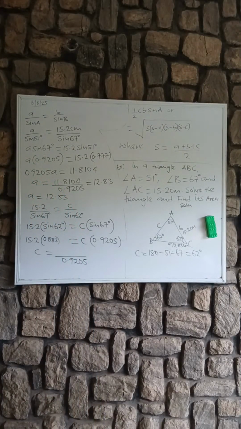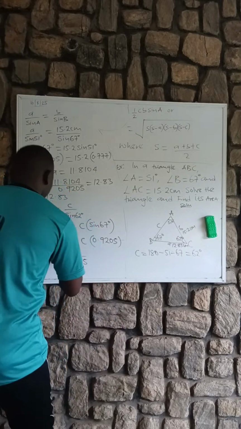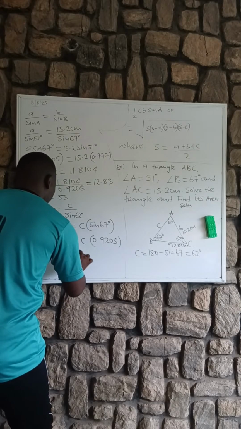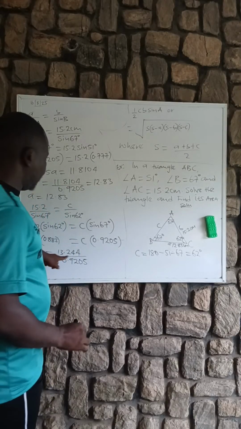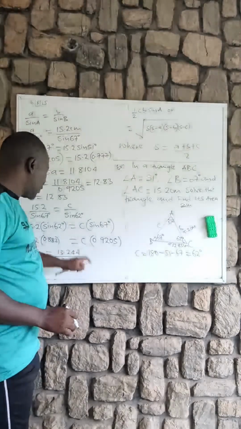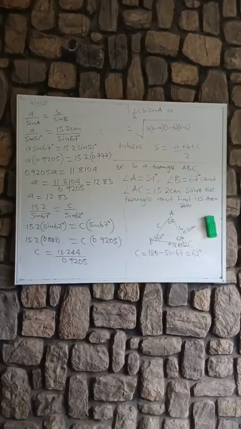Let's try and finish it. 13.244. Okay. 13.244 divided by 0.9205. Somebody should help us very fast.